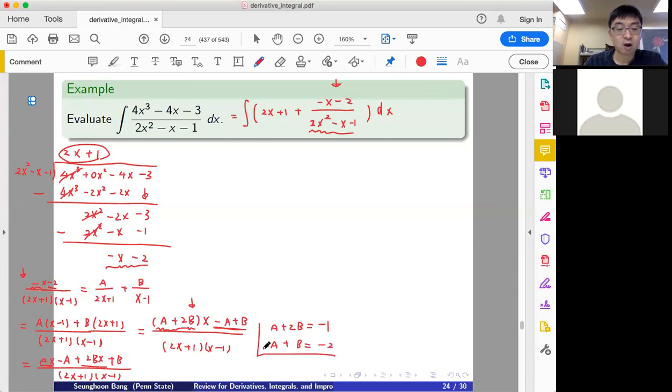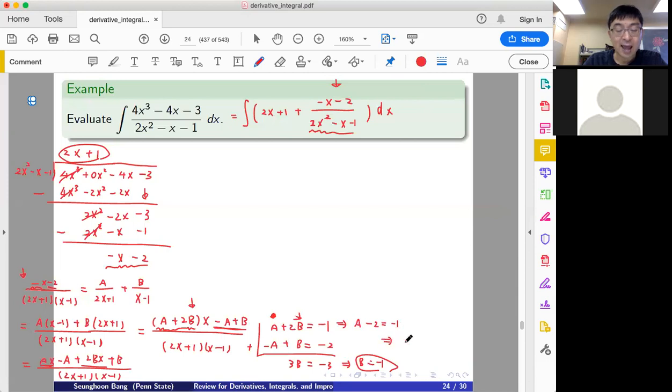Next, solve this system of linear equations. Add, a is gone, only 3b equals negative 3. Divided by 3, b equals minus 1. You plug into the first equation or the second equation, it doesn't matter. Plugging b into this equation, 2 times minus 1 is negative 2. So a plus negative 2 equals minus 1.